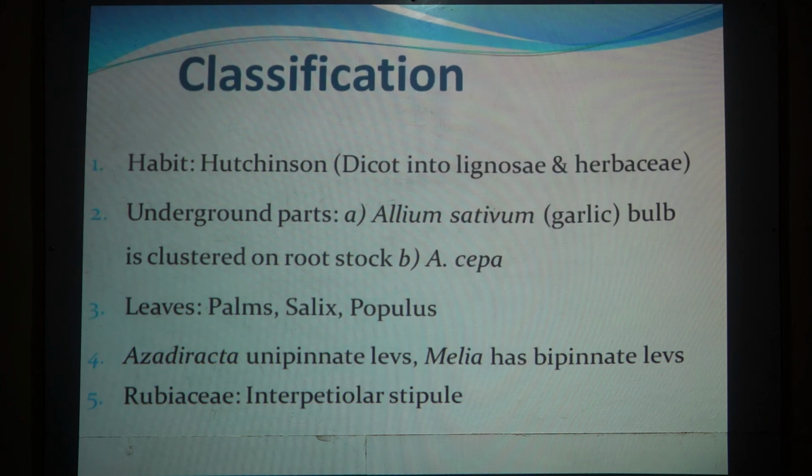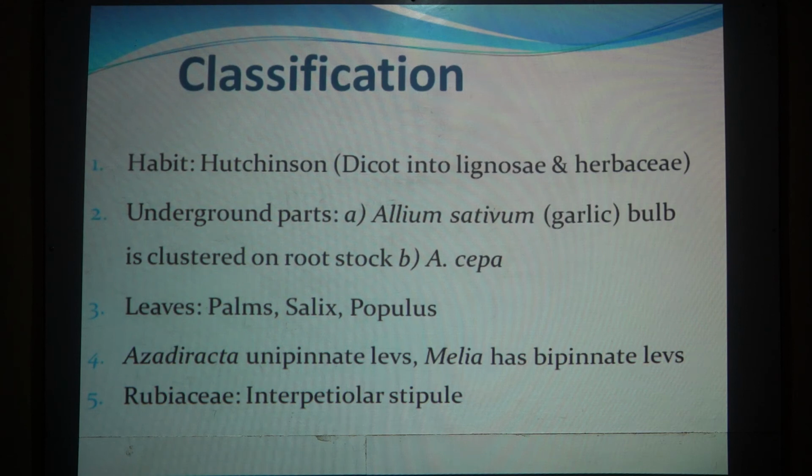What is the difference between onion and garlic? Bulb is clustered on rootstock in garlic, while it is not clustered in onion. So on the basis of this bulb morphology, the genus Allium is divided into two species, Allium sativum and Allium cepa.